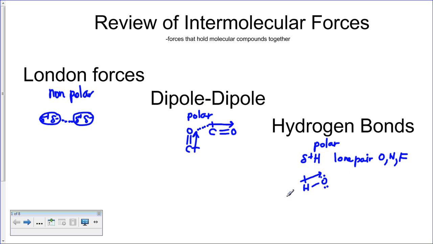So what we can have is we can have a neighboring molecule with this same functional group, and the hydrogen bond is the attraction between the lone pair of electrons on the oxygen and the slightly positive hydrogen in the neighboring molecule.